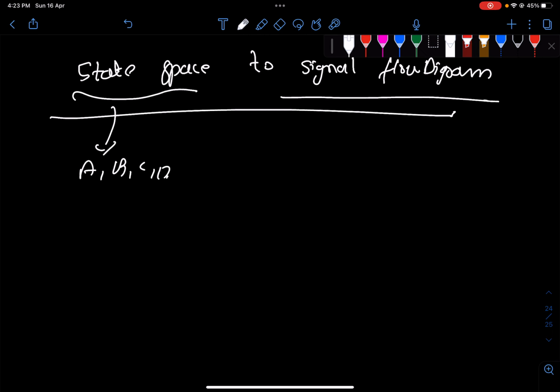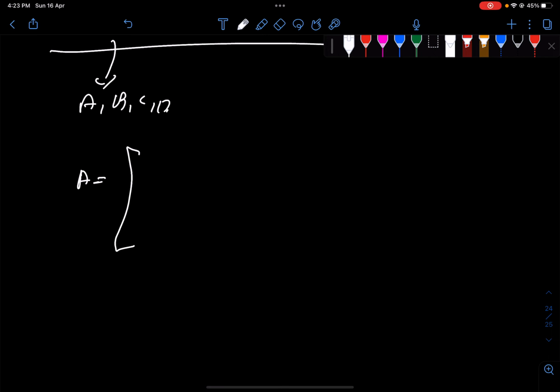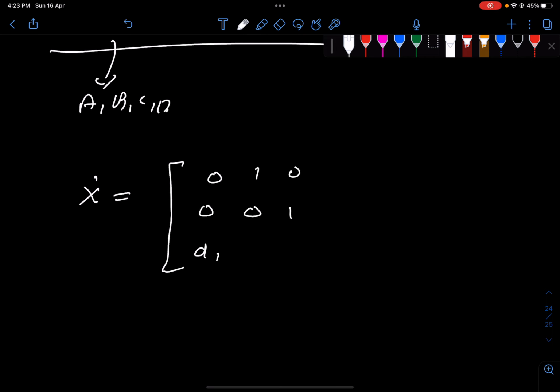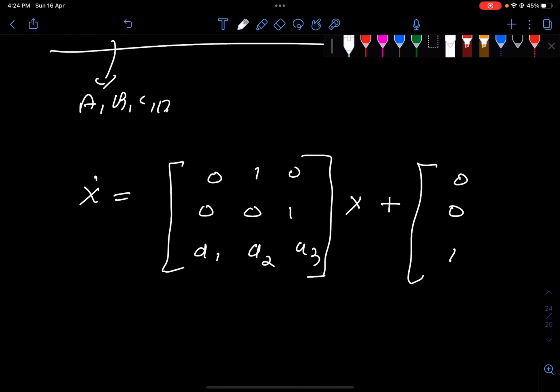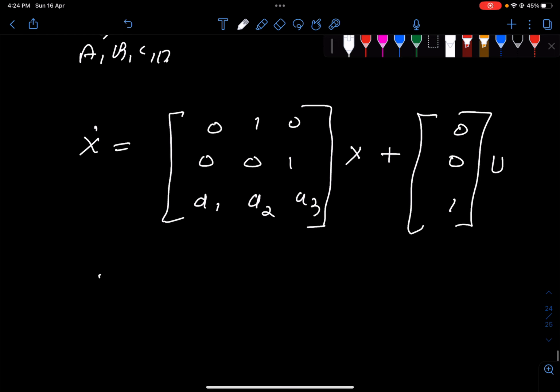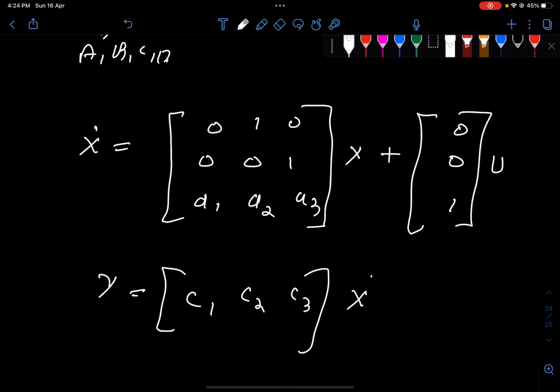Suppose x dot equals A x plus B u, where A is 0, 1, 0, 0, 0, 1, A1, A2, A3, multiplied with x, plus 0, 0, 1 times u. And y is C1, C2, C3 multiplied by x, and D is 0 times u.